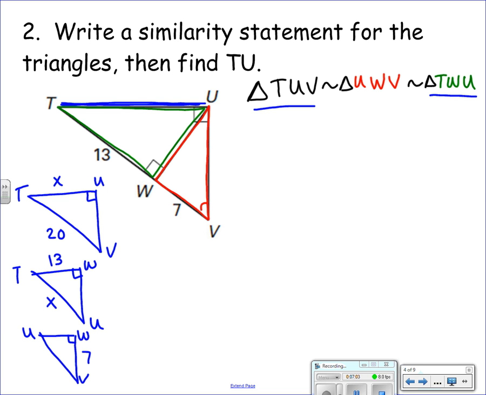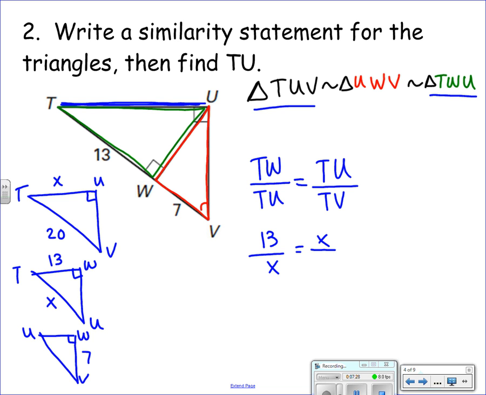So therefore, set up your proportion. TW over TU is equal to TU over TV. Then fill in what you know. TW is 13. TU is what I'm looking for.